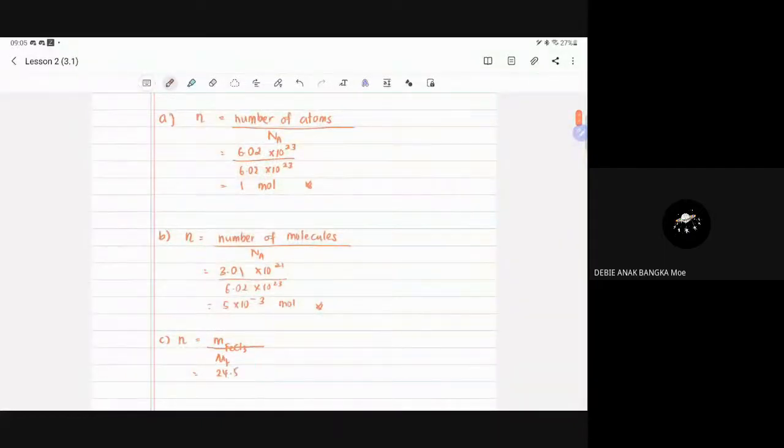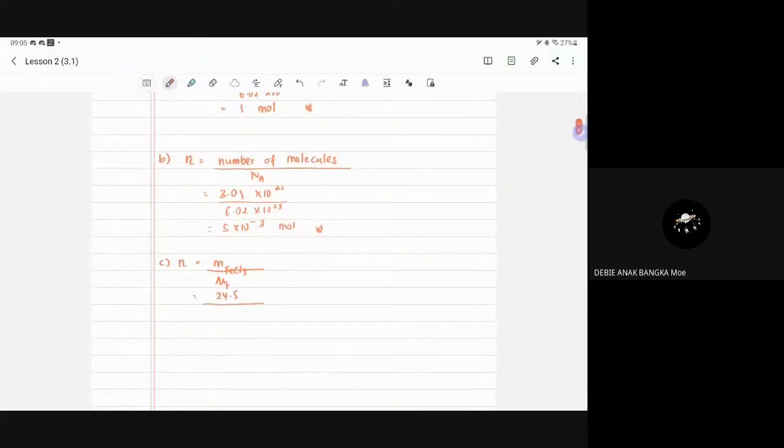Mr dia adalah untuk Fe, Fe punya Mr is 55.9, tambah 3 kali Cl, 35.5. You should get the number of mole lah. 24.5 divided by 55.9 plus 3 times 35.5.